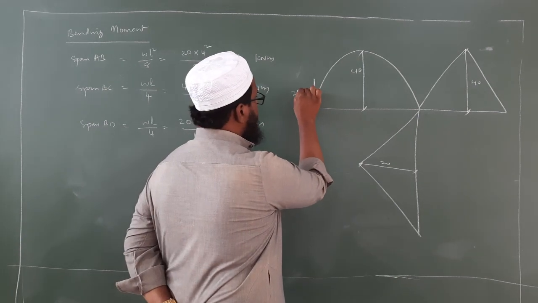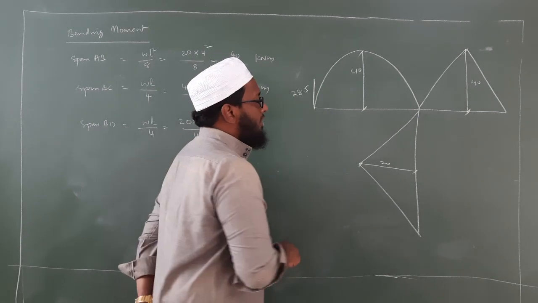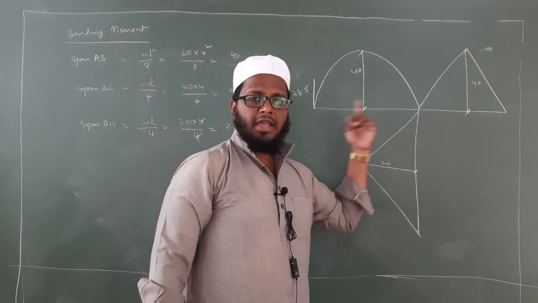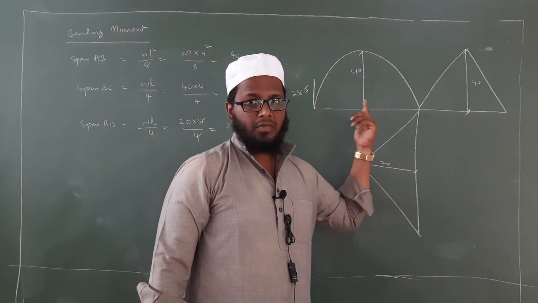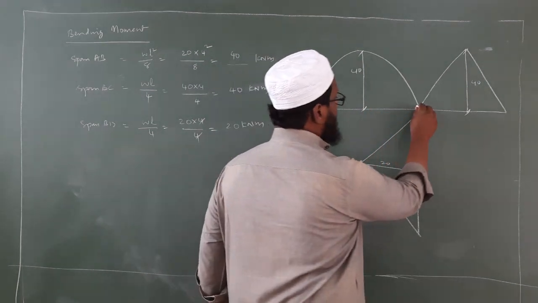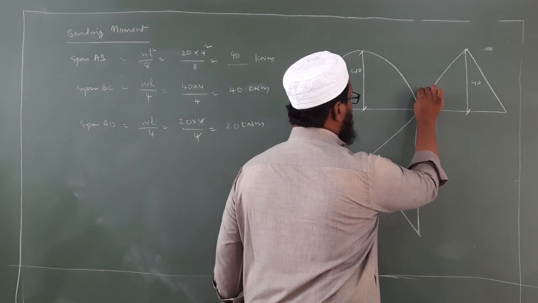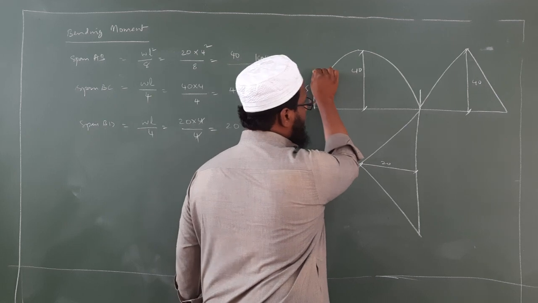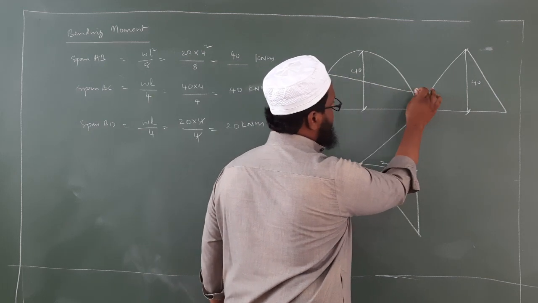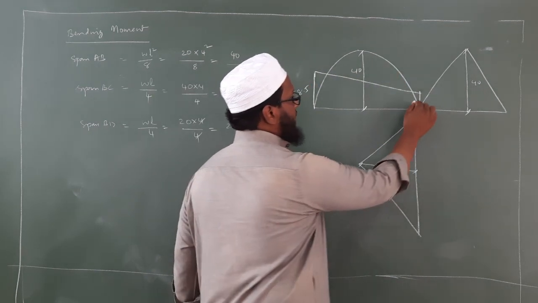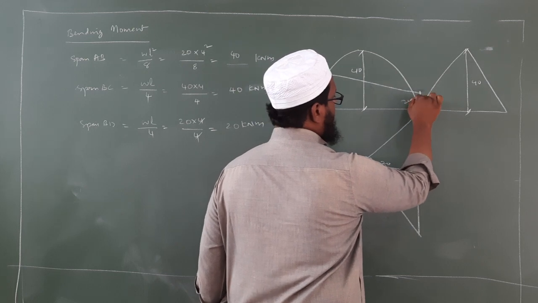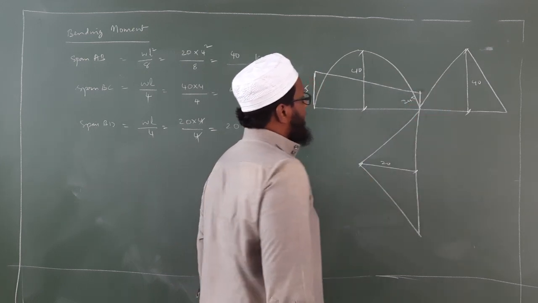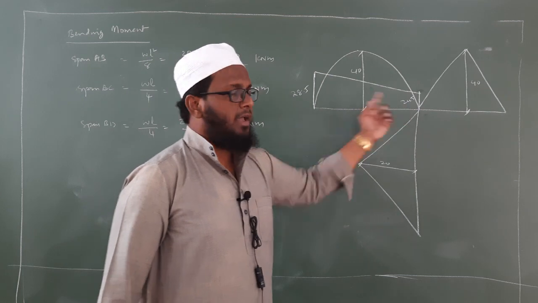So this is 28.5. What about MBA? 24.25. This is 28.5 and 24.25. So as you project it, this is 24.25. So we got MBA.